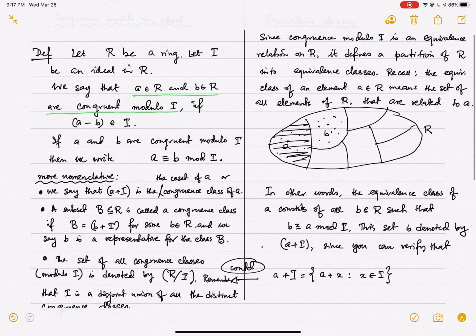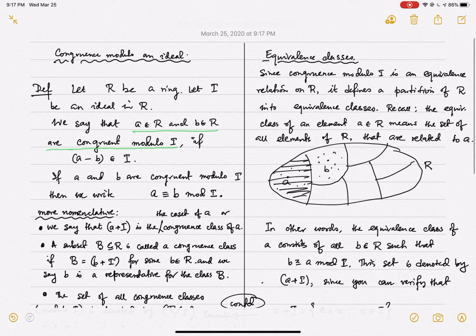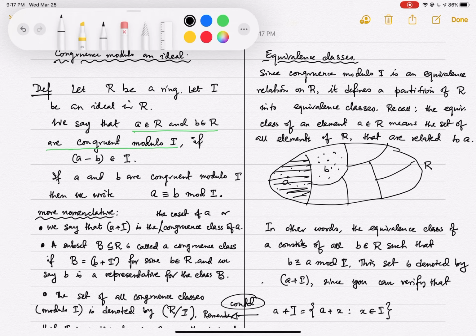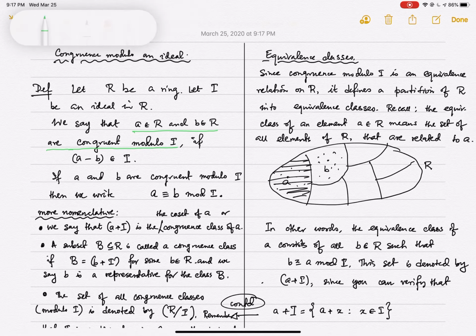Okay, so let me just take stock of all the new words we have. We have quite a few. The setup is always you have a ring and an ideal, R and I. Two elements of the ring are called congruent modulo I if the difference is in I. This is an equivalence relation on the set R. So because it's an equivalence relation, it breaks up your R into pieces.